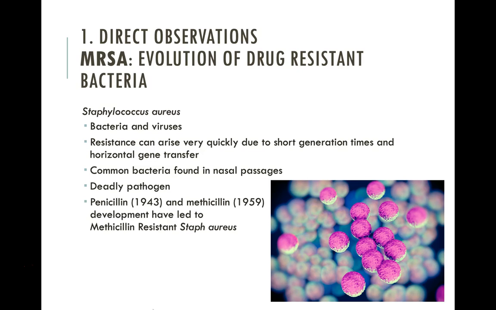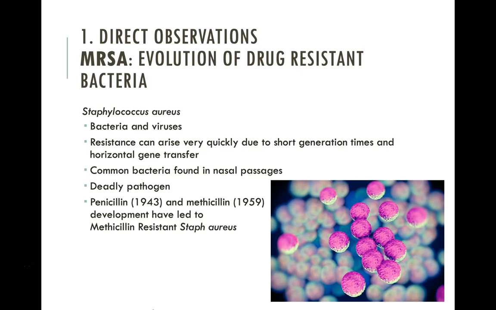So the bacteria we're looking at is Staphylococcus aureus. This is a common bacteria found in nasal passages. And bacteria can transfer pieces of their DNA to one another through something called horizontal gene transfer, and the actual process is called conjugation.